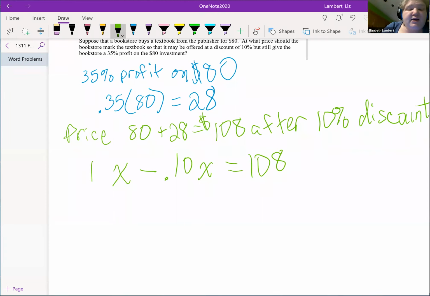So you can sneak it in as a decimal even, 1.00, which is very bad handwriting. All right, so 1.00 minus 0.10. So you can kind of think 100 minus 10 would be 90, 2 decimal places, or just use the calculator.